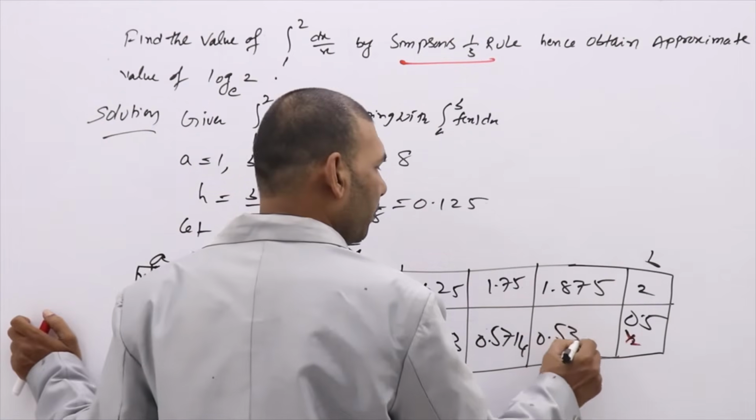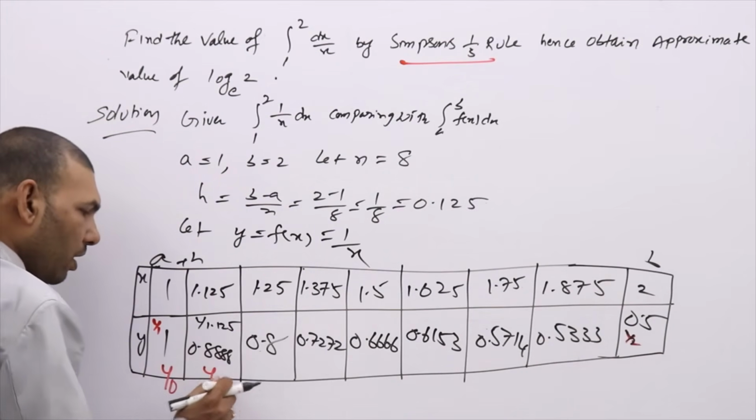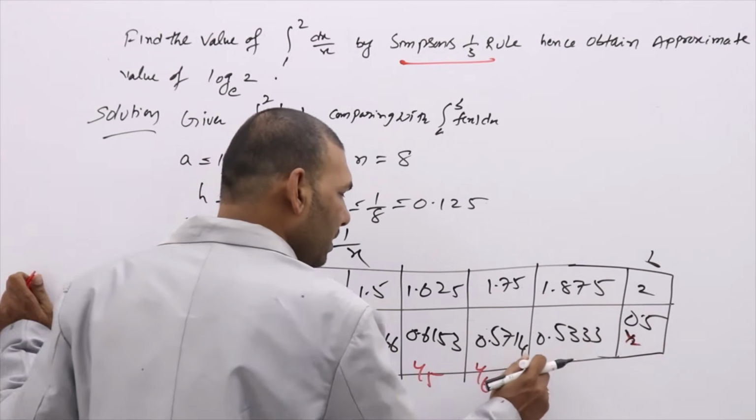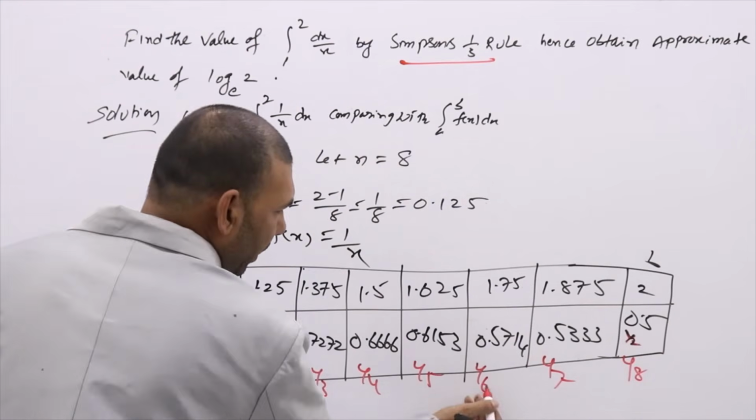Now these are notated like this: y0, y1, y2, y3, y4, y5, y6, y7. Because n is 8, you will get up to y8.